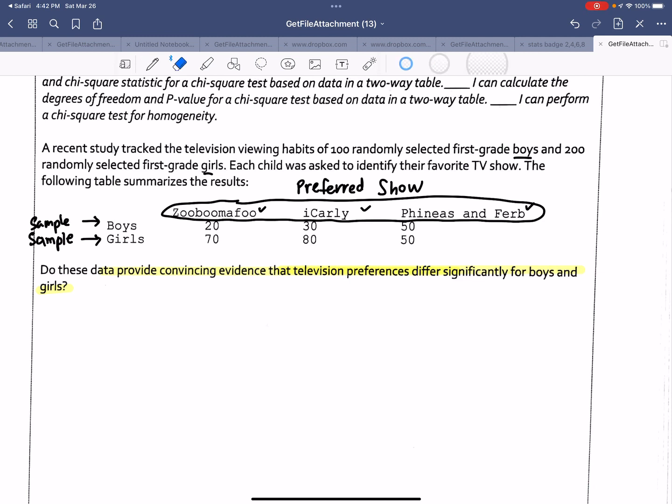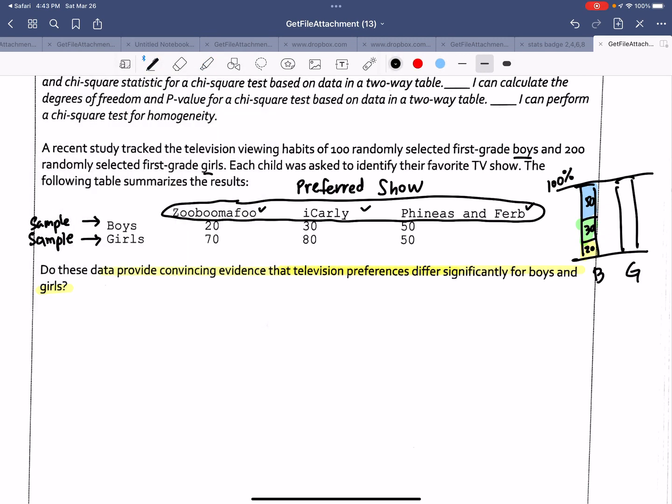If we did a side-by-side plot with boys and girls, and this would be 100%, then whatever the breakdown, if this was 20, 30, and 50, then this one should also look like 20, 30, and 50, or something pretty close to it. So we already kind of see that it doesn't look the same.